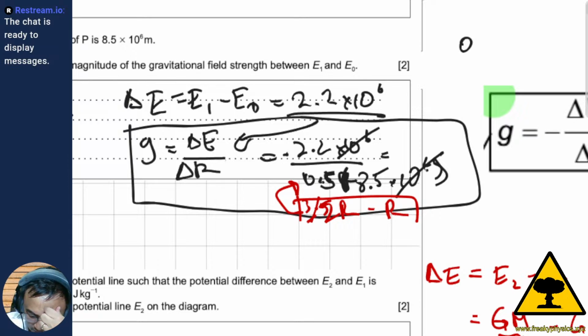And we know that this is going to be 2.2 times 10 to the 5. So all we have to do now is find the value of this new R, right? We also know this already. Actually, we don't, right?